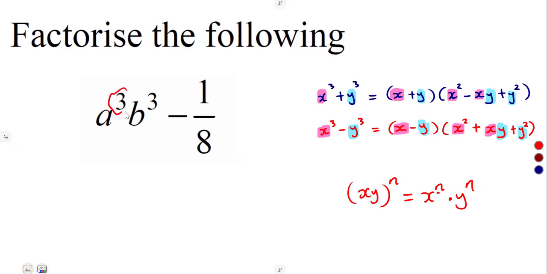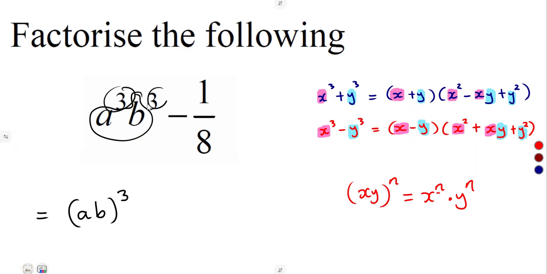Meaning we can rewrite this ab to the exponent of 3 as a cubed b cubed, everything raised to the exponent of what? Of 3. All right. What about the minus 1 over 8?